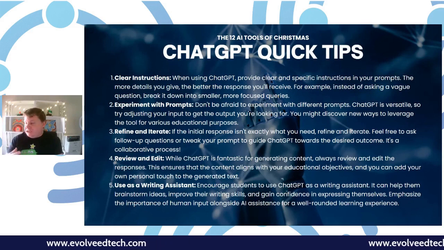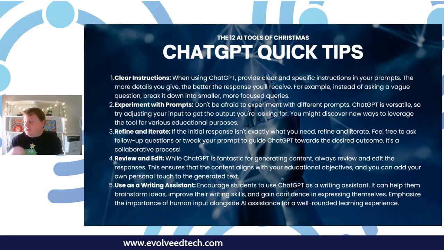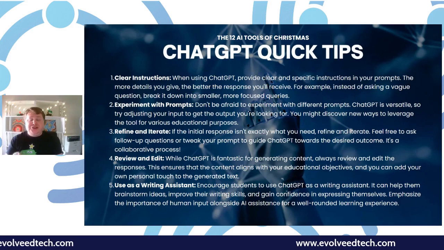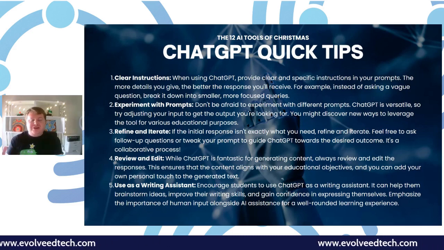We can get our students to gain confidence in expressing themselves by using this tool to generate a prompt. So don't think that you can't use this really valuable tool in your classrooms with your students to show them the basics. We can use it in our classroom to further develop our students and their skills.